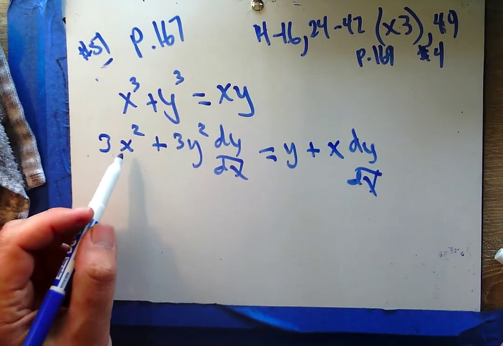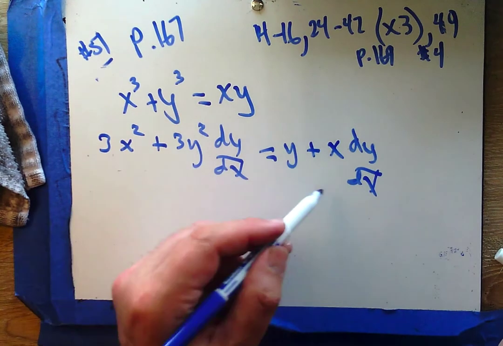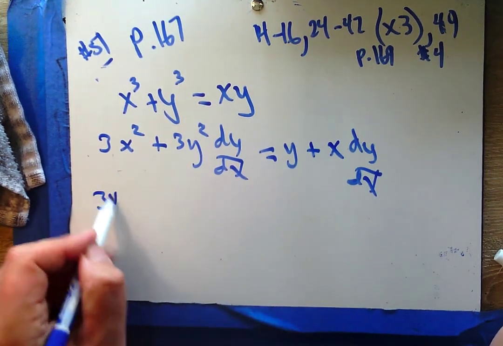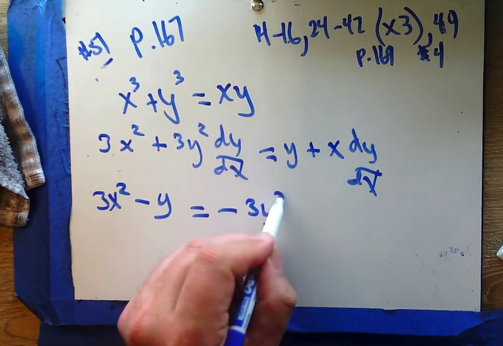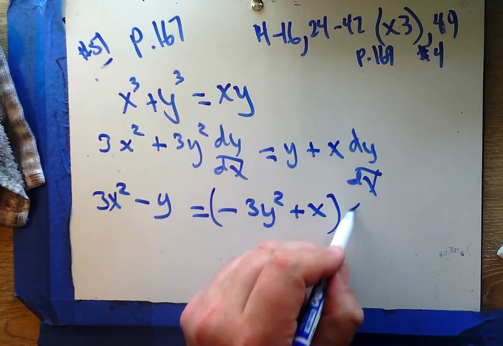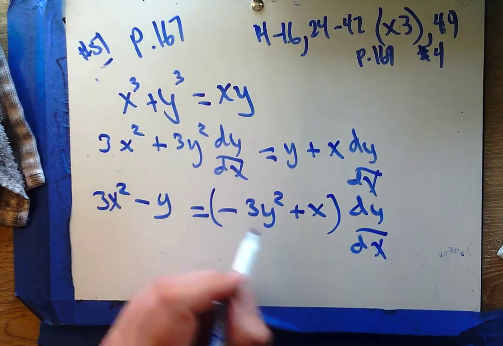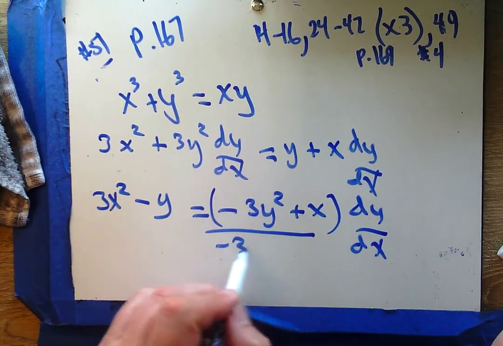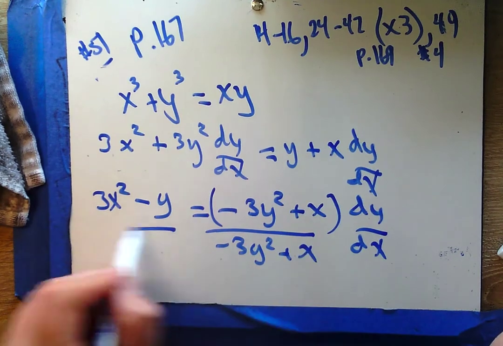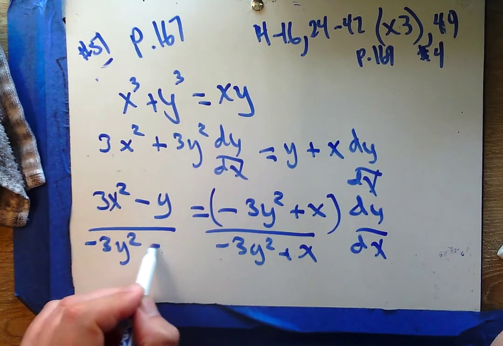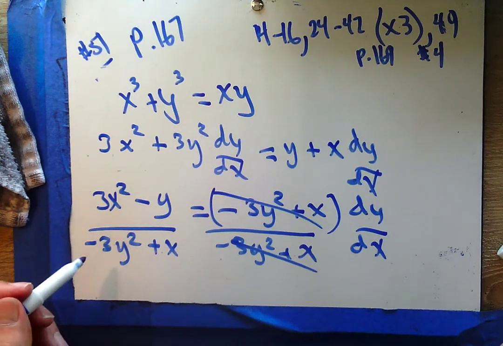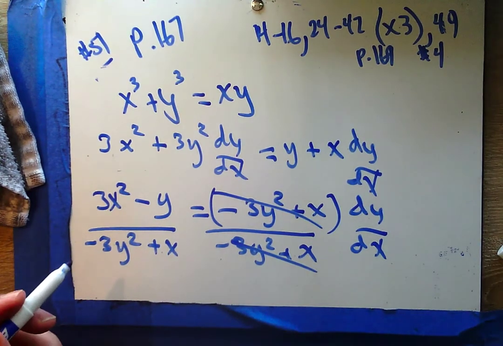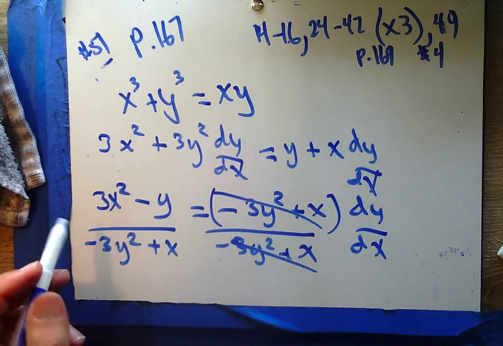Okay, move the dy/dx stuff to one side and the rest to the other, and divide by both sides. So there's my dy/dx, and I want to know where dy/dx is defined.